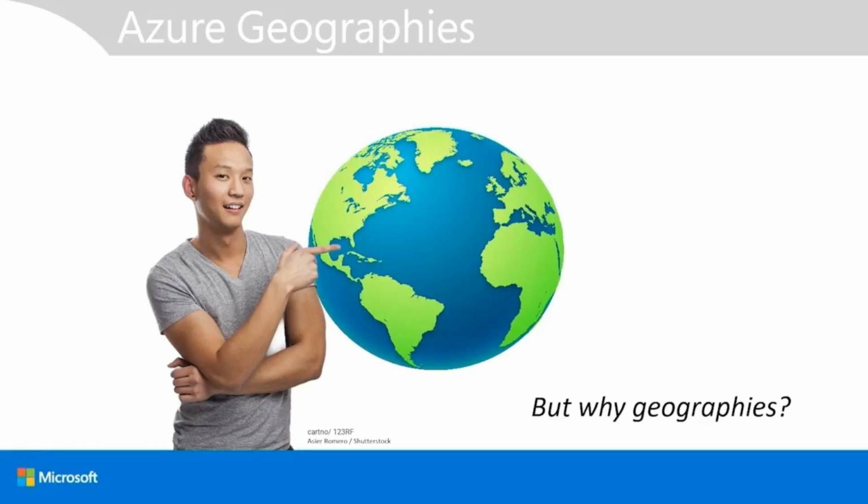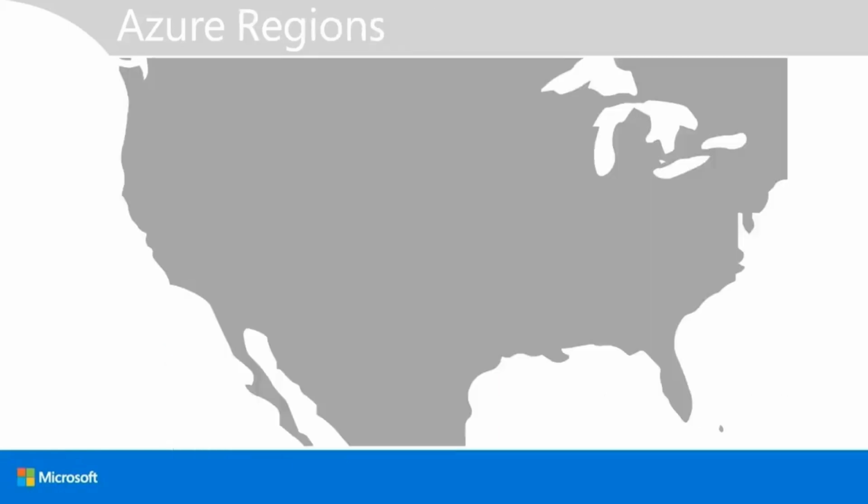So that's geographies. What about regions? Well, regions are actually defined within a particular geography. Take for example the United States of America. There is a United States geography in Azure, and within it Microsoft has defined regions where Azure resources can be created.